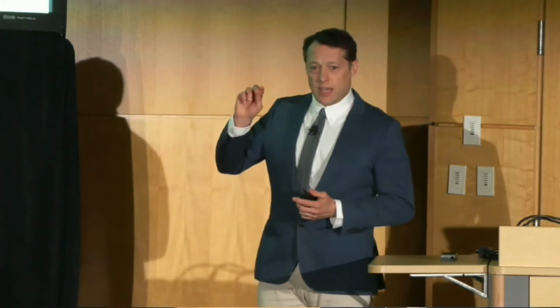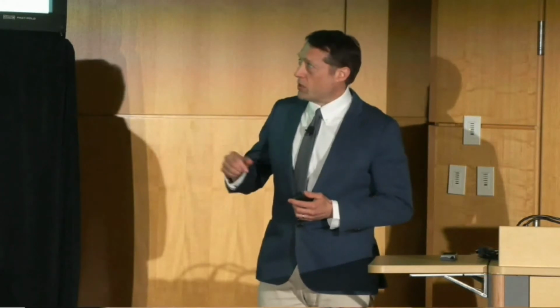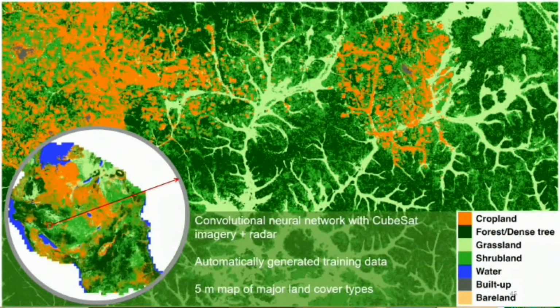This is a countrywide map of Tanzania, which I believe is 4 times the size of Texas at 5-meter resolution, showing all the major land cover types, particularly where cropland is in relation to other natural habitats. And so this was developed again using an innovative deep learning approach together with CubeSat imagery, and now provides the foundation for that elephant movement analysis.